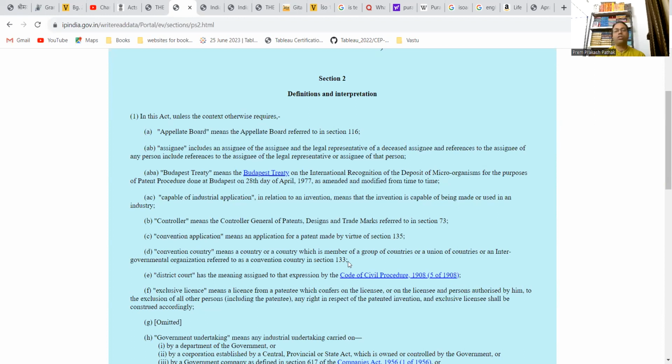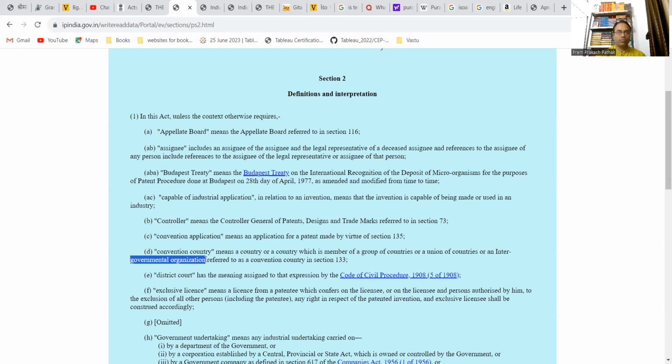So these are all the groups of countries. So it could be one country, or a country which is a member of a group of countries, or a union of countries, or an intergovernmental organization also. So sometimes you may be confused when it is asked whether an intergovernmental organization can be considered a convention country.